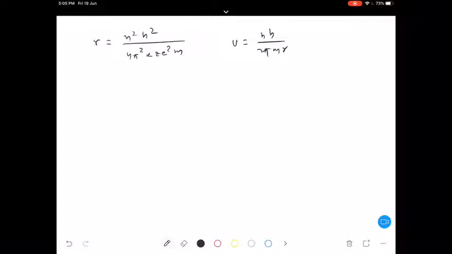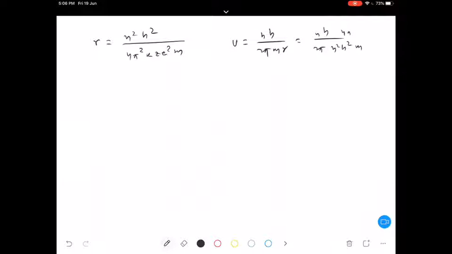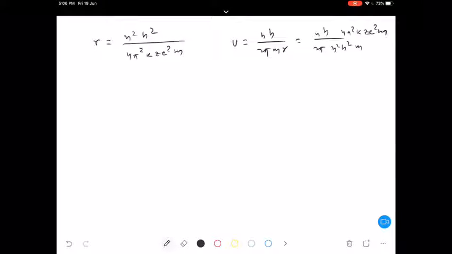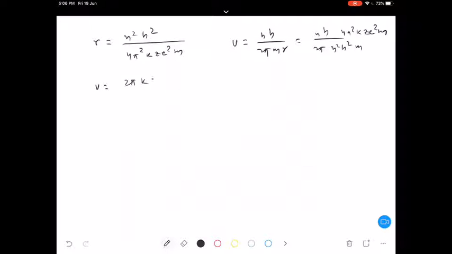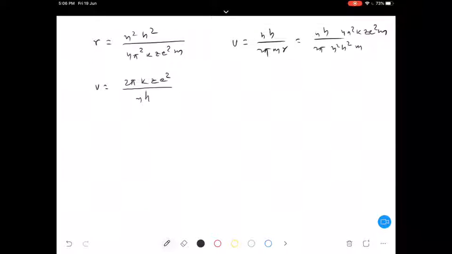So I could write it as nh upon 2 pi n square h square m into 4 pi square k z e square into m. That's what we are going to obtain. So I could write velocity to be coming out as 2 pi k z e square by n h. That's what we could write here, correct? These are the expressions for radius and velocity we have discussed.